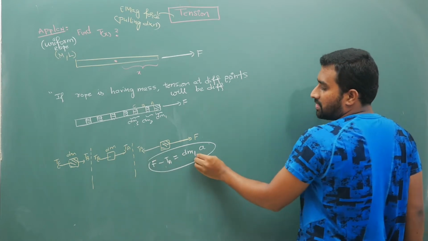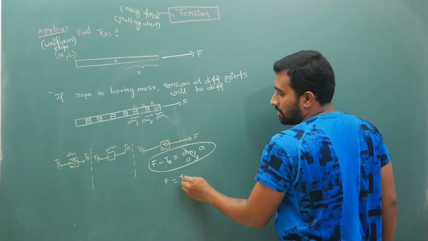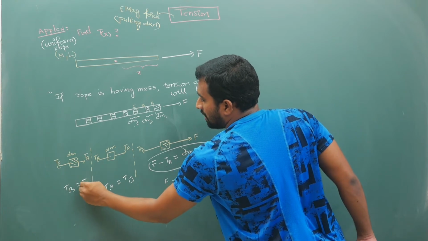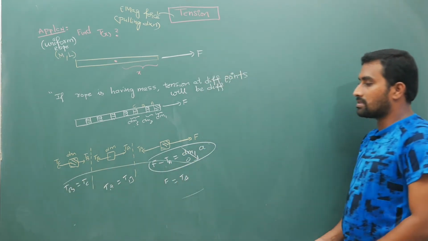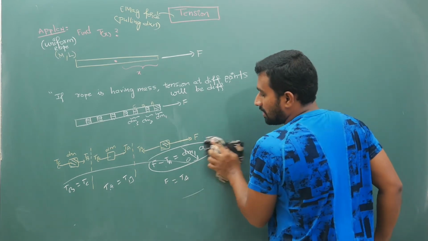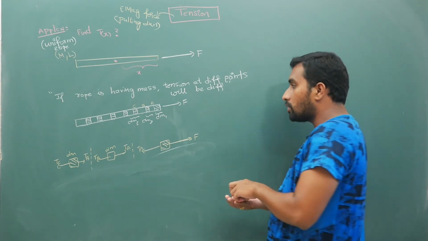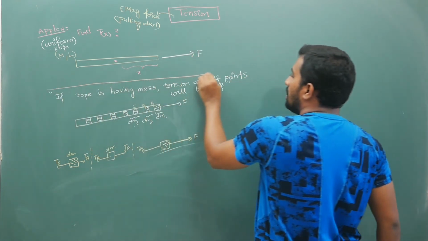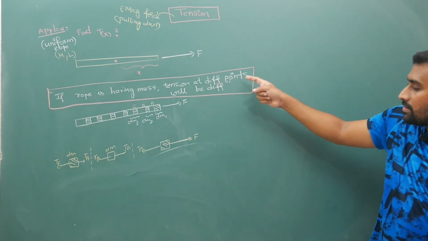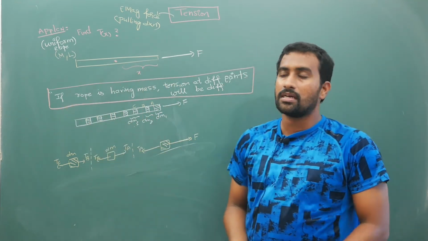Now if the mass is 0, then your force is equal to TA, TA is equal to TB, TB is equal to TC, like this. You will have constant tension if it is massless, but here it is not massless, there is some mass. Getting my point? So the first and foremost point I want you to notice: if the rope is having mass, tension at different points will be different. If it is massless, tension is constant everywhere.